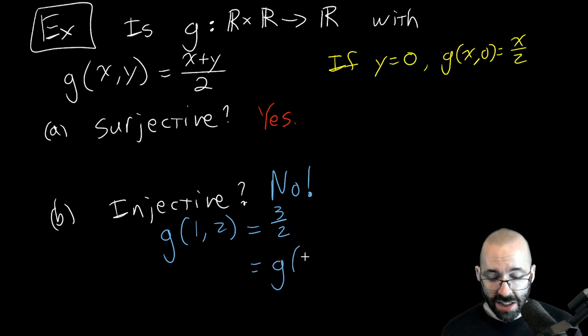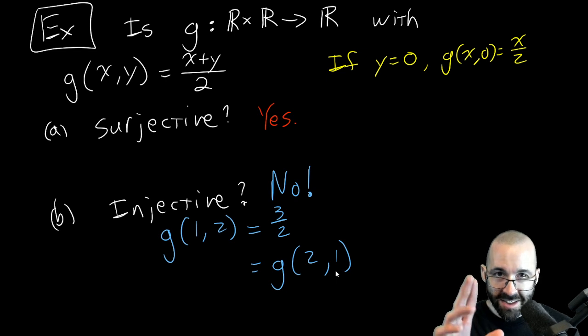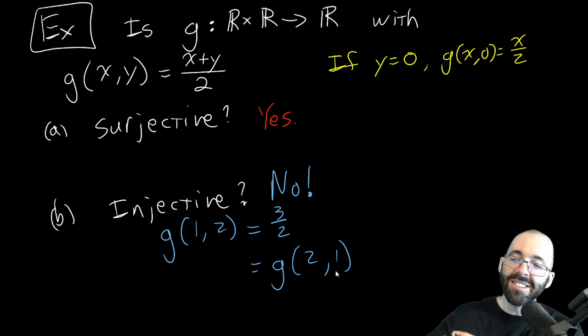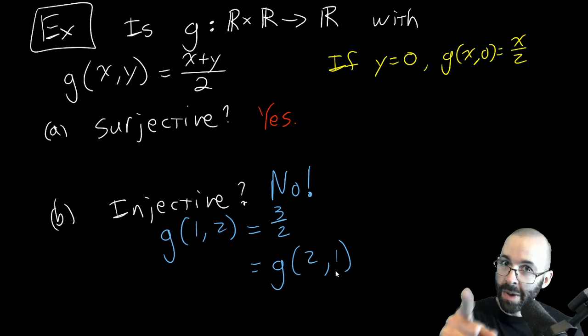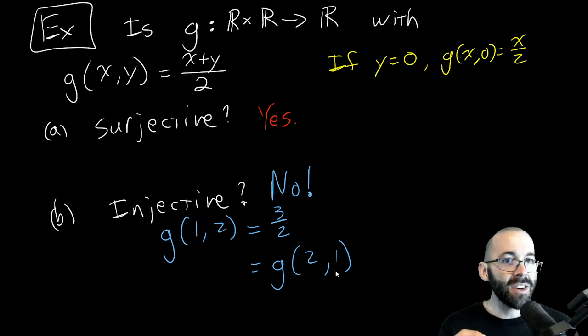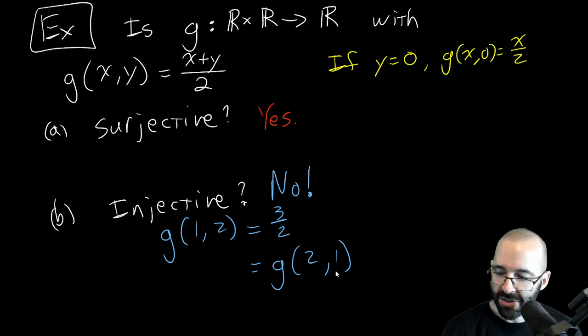That's also equal to g of 2 comma 1. Uh-oh. Disaster. So, again, don't get this confused with sets. Remember, we said sets are not ordered pairs. Sets are not arrays. Sets, the order doesn't matter. Well, this is an ordered pair, and for ordered pairs, the order does matter. So these are not injective.